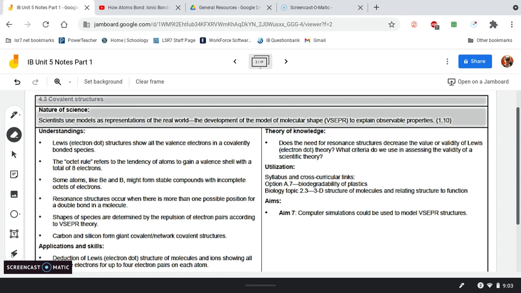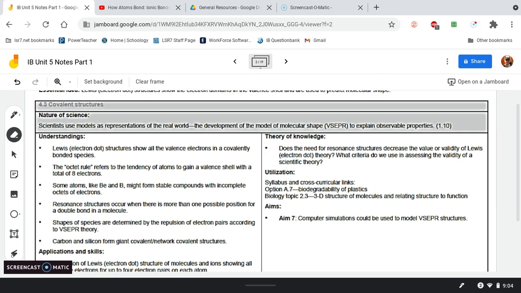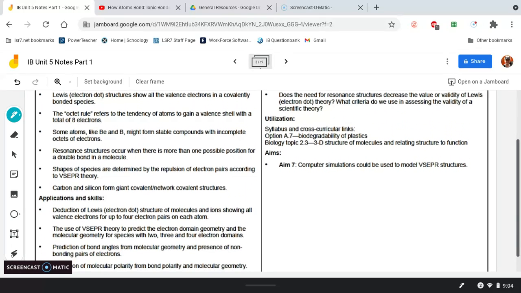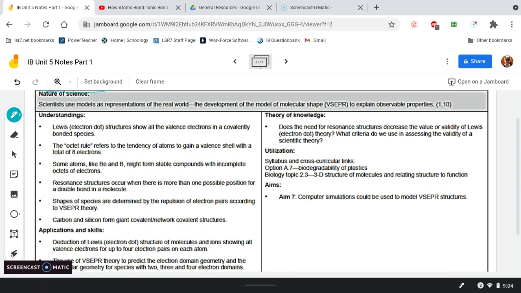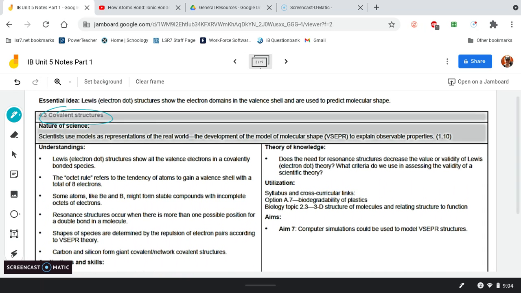If you look here, covalent structures, which is 4-3, that's exactly what we did last year. We're going to be doing all the same things, but adding in some extra shapes. You learned tetrahedral and bent and things like that. We're going to add in some ones that we just didn't get to last year because it wasn't really necessary. So we're going to get to those this year.